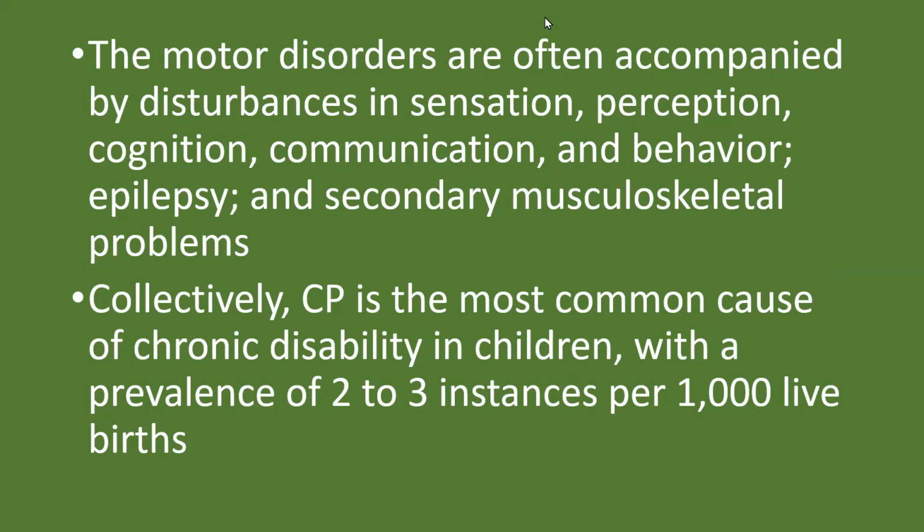They can have epilepsy and secondary musculoskeletal problems due to the difference between, let's say, spastic muscles and normal or weak muscles. Collectively, CP is the most common cause of chronic disability in children, with a prevalence of 2 to 3 instances per 1,000 live births.